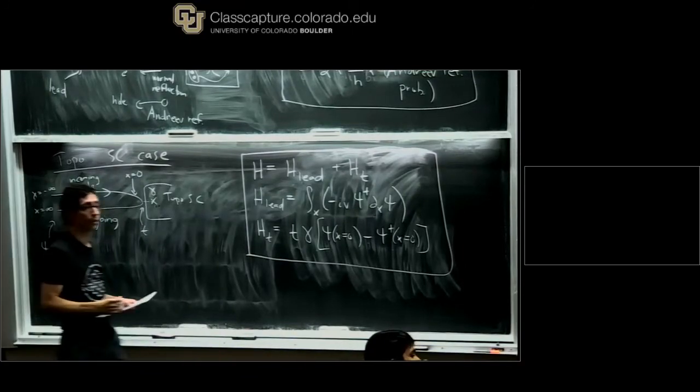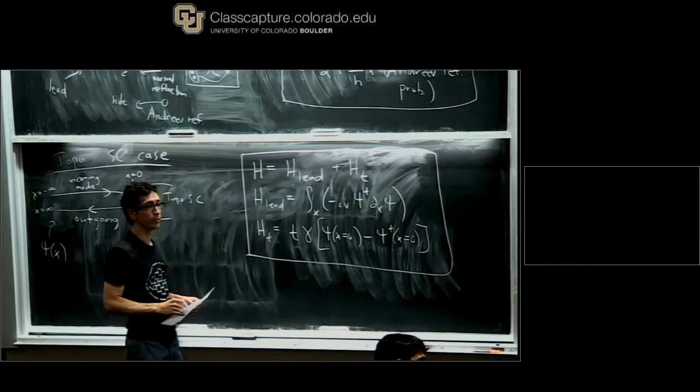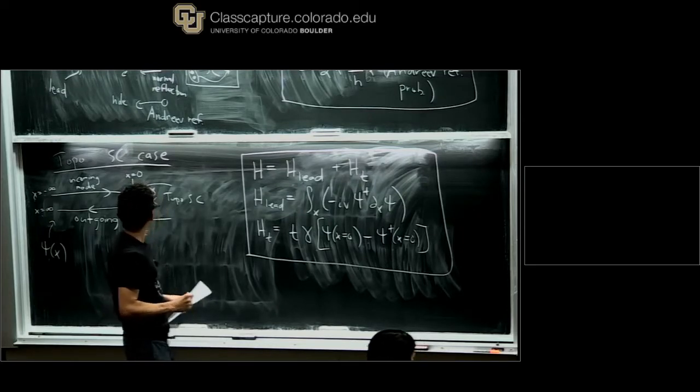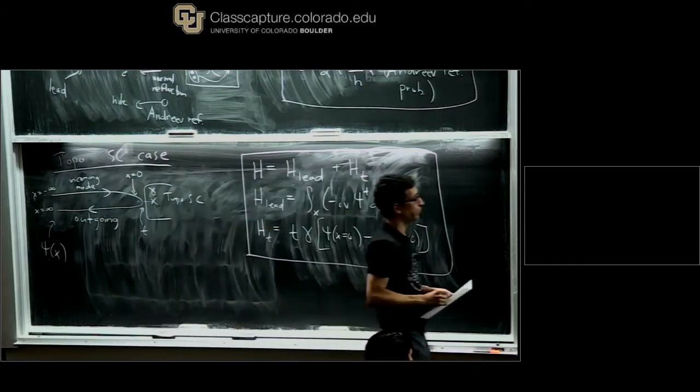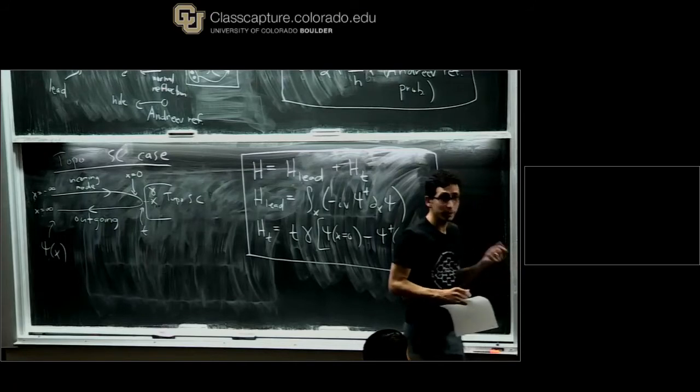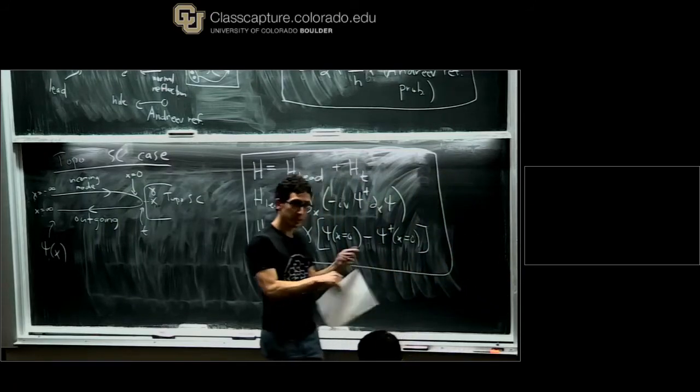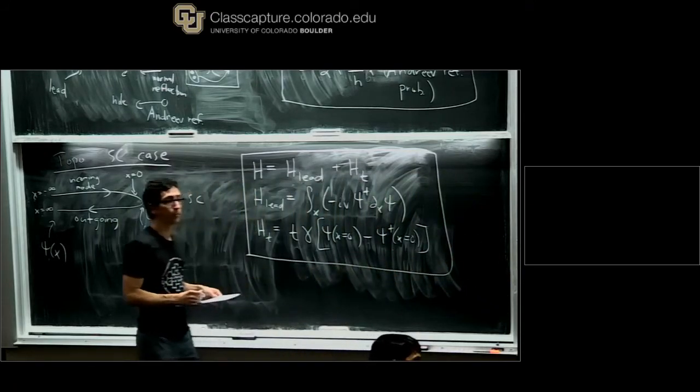Yeah. Why do electrons couple to Majorana modes? Typically in tunneling, electrons couple to other electrons. Well, the Majorana zero mode operator involves electron operators, right? It's a superposition of electron operators.